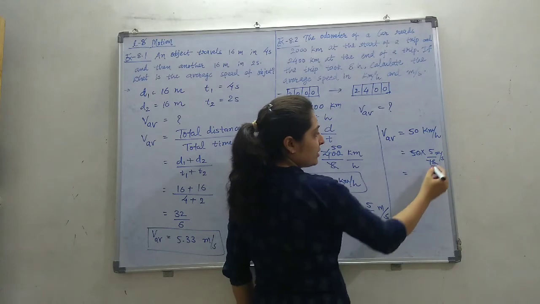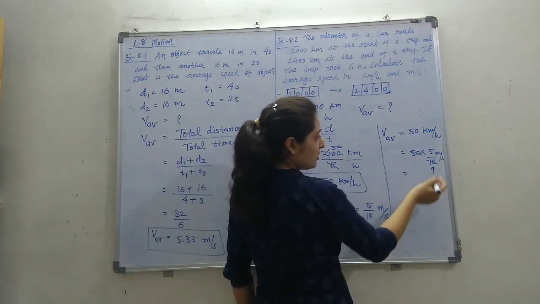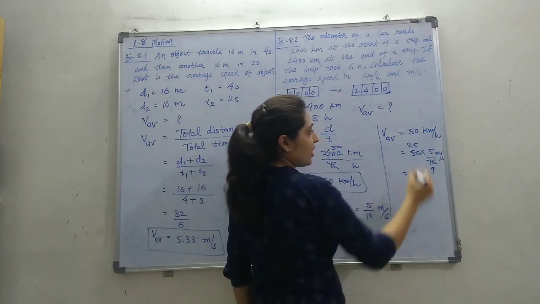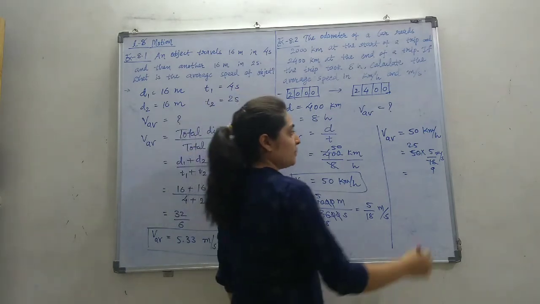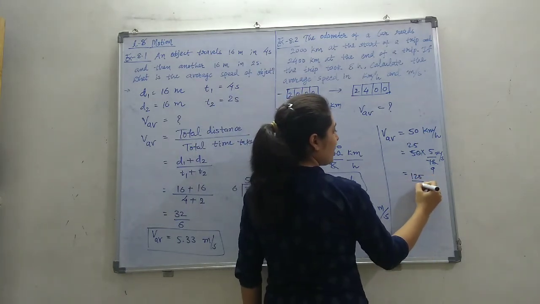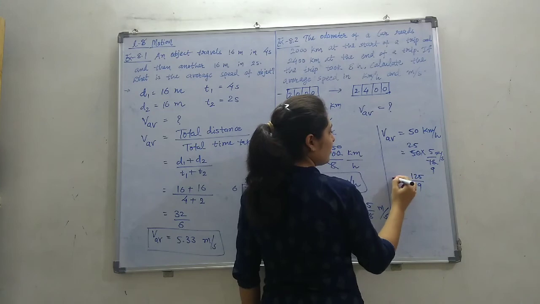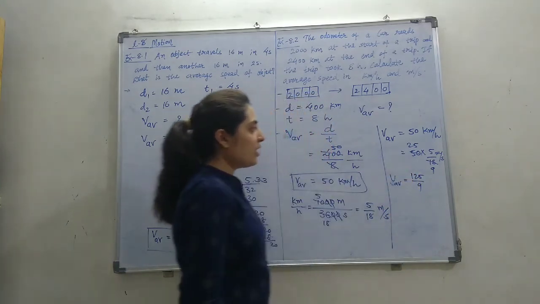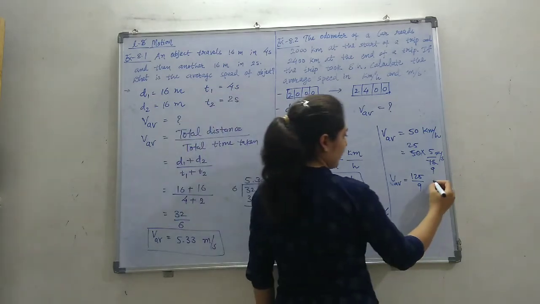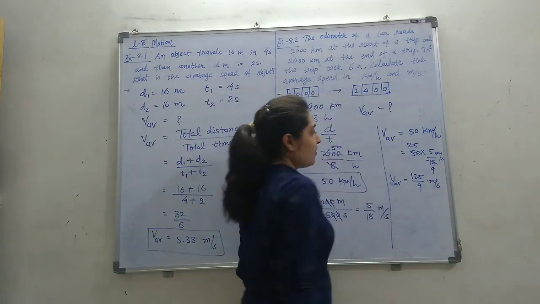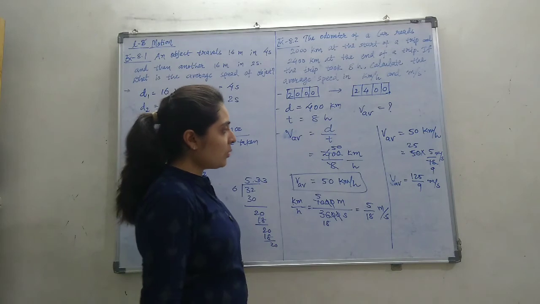We can cut it: 9 2s are 18 and 25 2s are 50. 25 5s are 125 upon 9. This is the average speed in meter per second. We cannot cut it now.